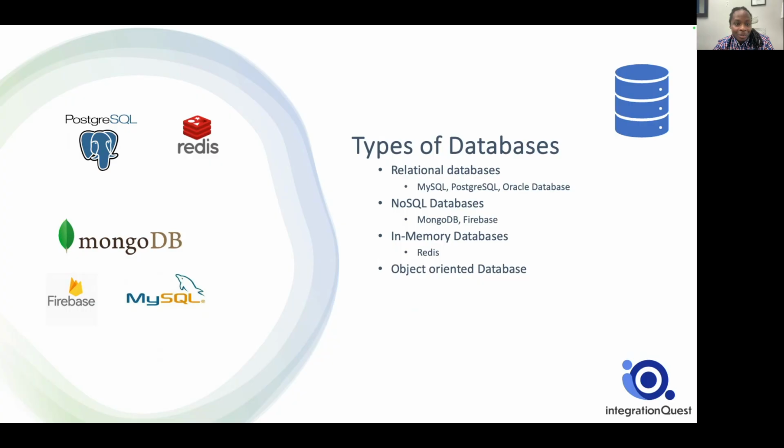In-memory databases such as Redis are used by companies, for example Twitter or X, to get data to users as quickly as possible. We have object-oriented databases such as ZODB. And then we have what Oracle now has.